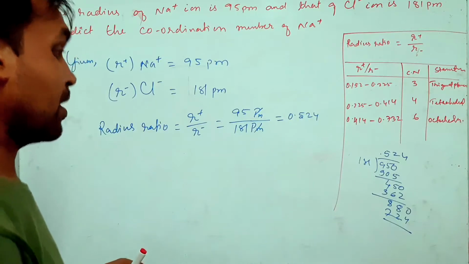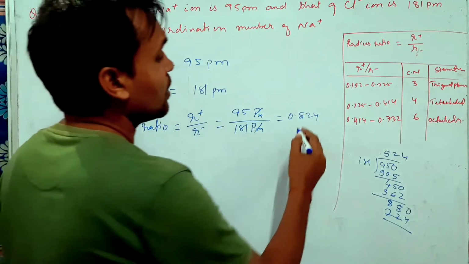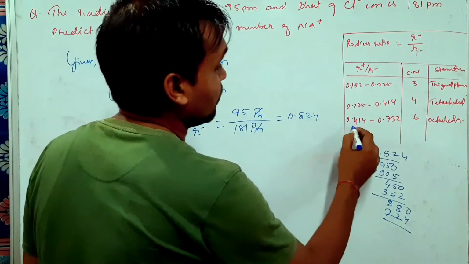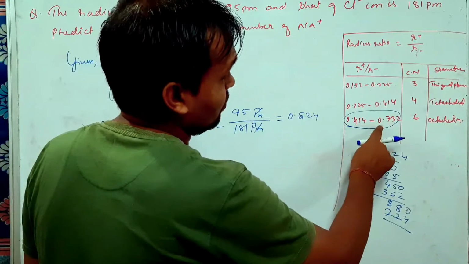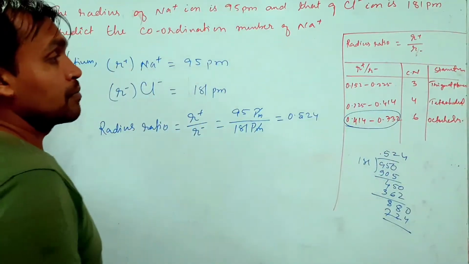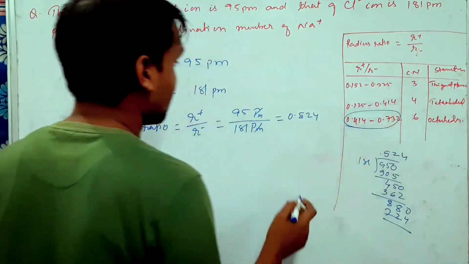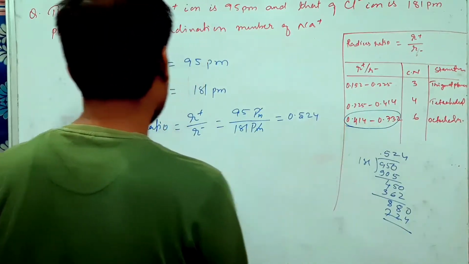So dear students, this is why I told you to memorize the table which I have given you earlier. See, 0.524 falls in this range or not? 0.414 to 0.732, it falls in this range. That means what will be the coordination number of Na positive?